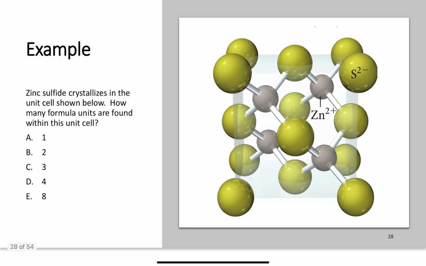Zinc sulfide crystallizes in the unit cell shown below. How many formula units are found within this cell? How many repeating units do I see? When I look here, I definitely see repeating units.